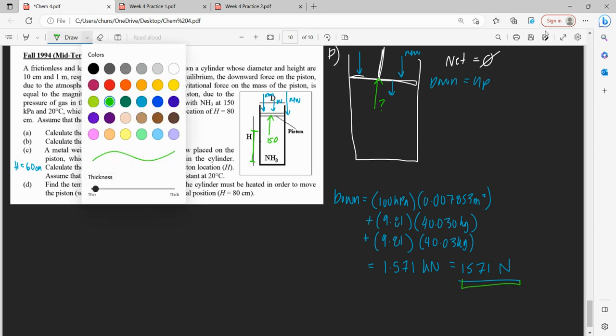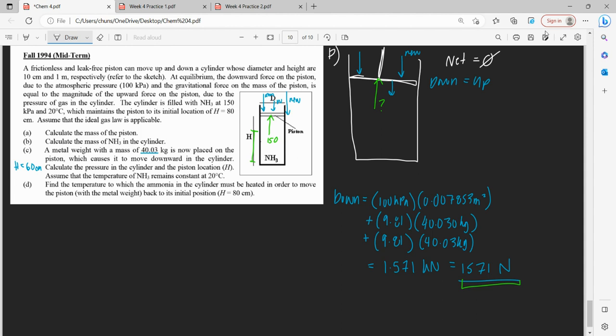So for this question, we want our new volume, so our volume at h equals 80 is equal to 0.05 squared pi times 0.8, and this is equal to 0.006281 meters cubed.